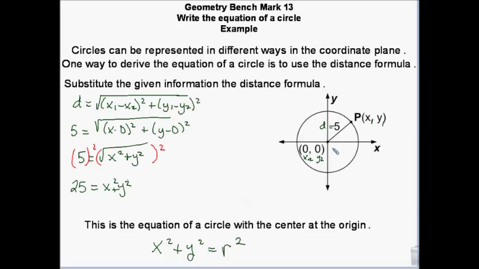But the center has to be at 0, 0, the origin, for this equation to work. So as you can imagine, this equation only works for a limited set of circles. It's an infinite number of circles, but it's not as many as if you include all the ones that aren't centered at the origin, right?